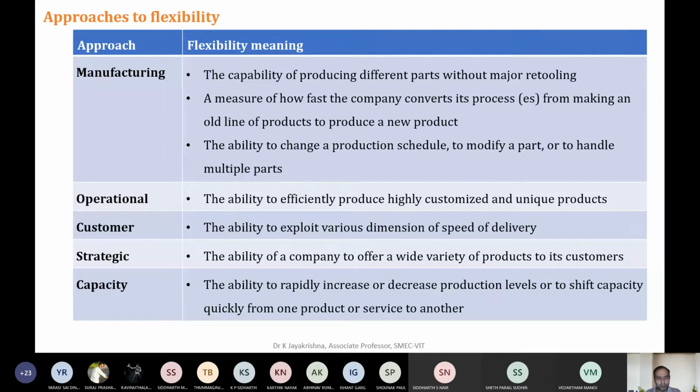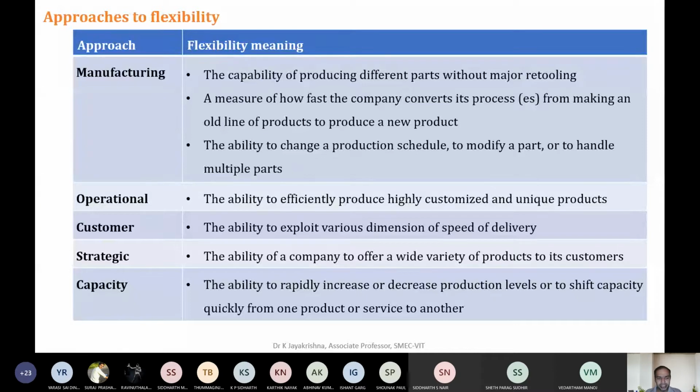How to handle the capacity in terms of labor, or in terms of the work being done, the number of units they're going to produce. Whether you're going to go for extra hours, or whether you're going to increase or decrease the capacity, everything depends upon the flexibility. How flexible is your organization for a sudden increase or decrease in demand.